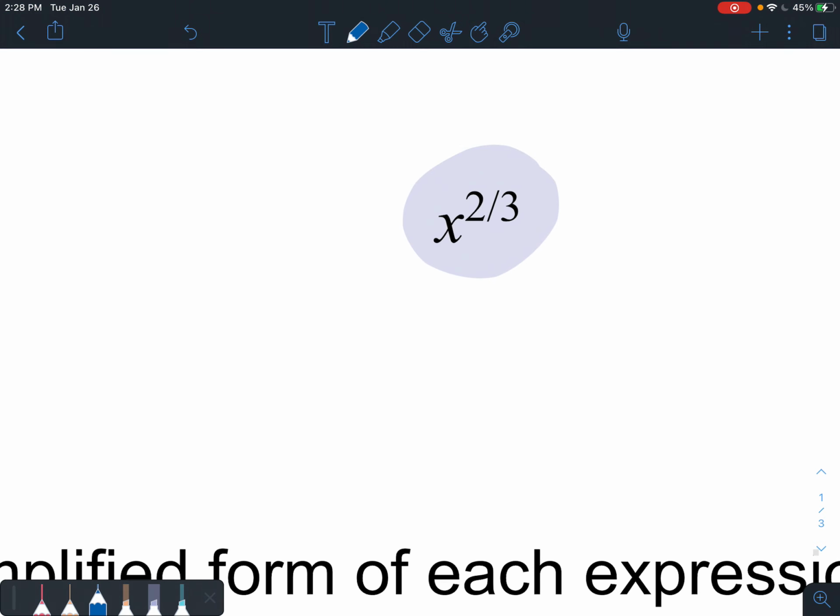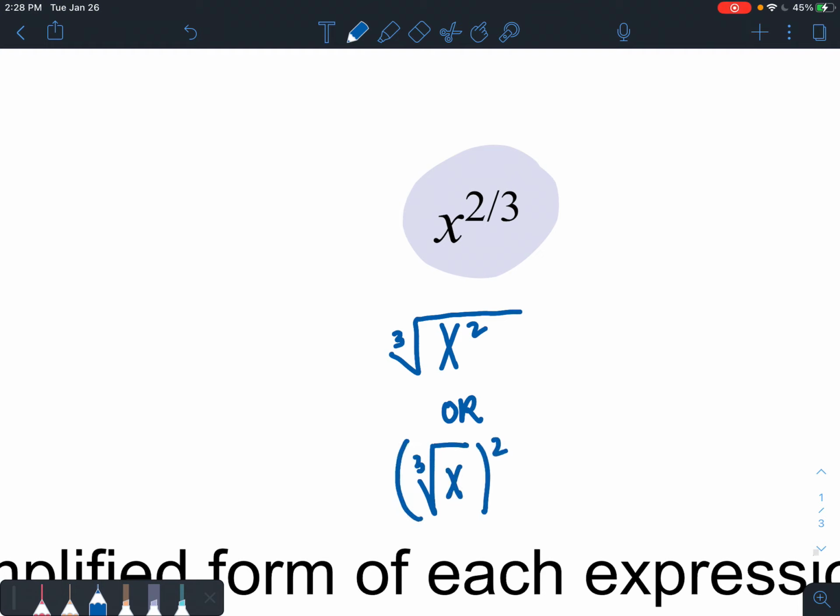So I have x to the 2/3. The 3 will be my cube root, and the 2 will be my square. I can write it also as the cube root of x, quantity squared. So either of those answers are correct.